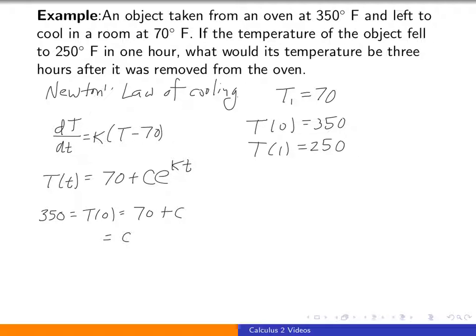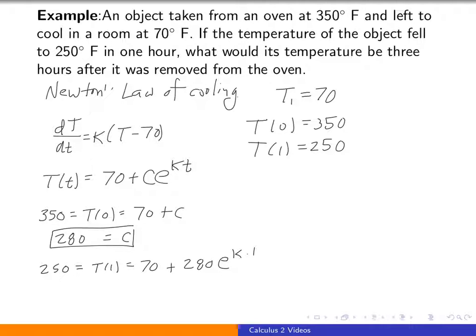So c in this case is equal to 280. Then we use our second piece of data: 250 equals T of 1, which is 70 plus 280 e to the k times 1.